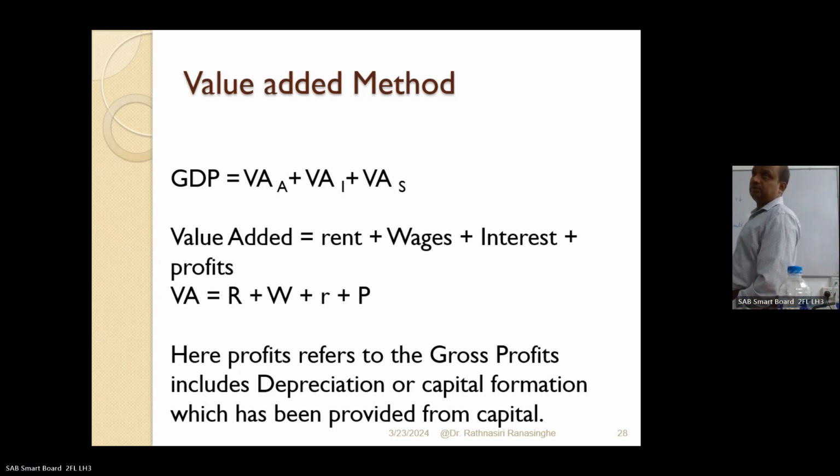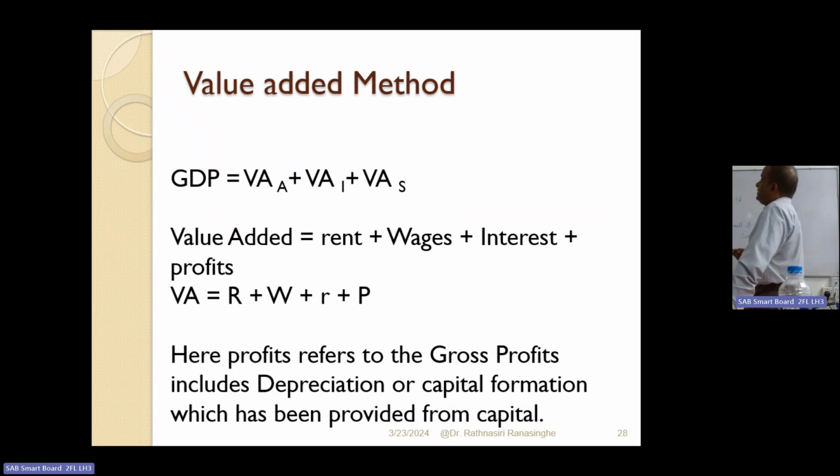So the total value addition equals the GDP. When you measure the economic structure, the contribution coming from agriculture, manufacturing and service will equal GDP, right?